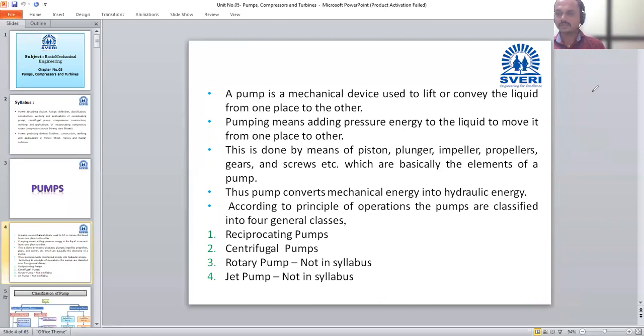If suppose water is here, and if I lift it up to that level, and there is one knob, or we can say tap, if I open this tap, the water will automatically start falling down. Why is it so?